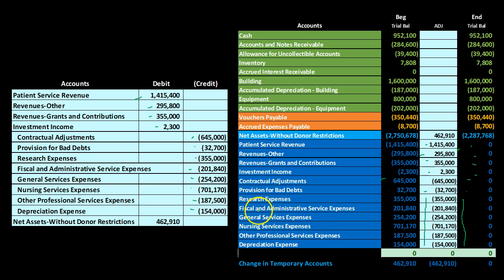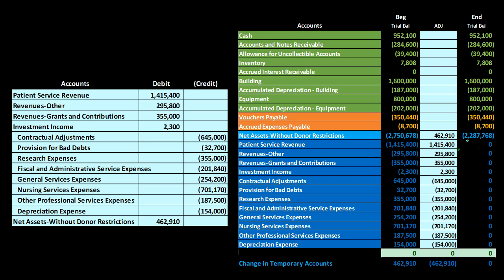So we have all these at zero, and then the difference is posted to the net assets without donor restrictions, which has a credit balance in it. We debit it because in essence we had a loss rather than income. So it's a debit here, making it go down. We made the net assets go down.